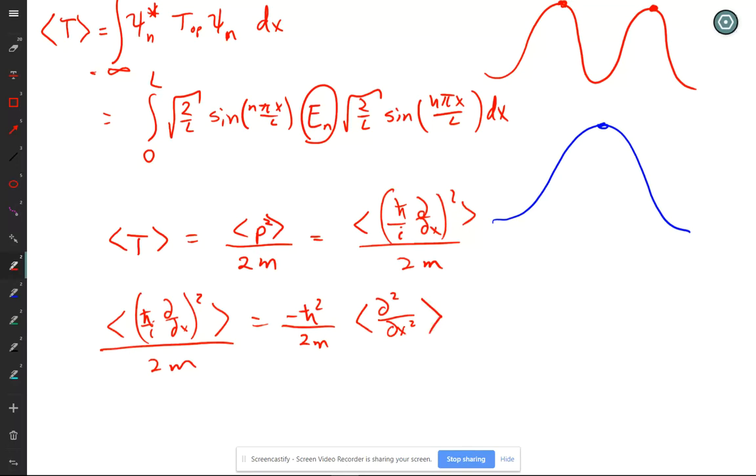Minus h bar squared over 2m times the expectation value of the second derivative with respect to x. Does that all follow? And so let's do the second derivative expectation value.